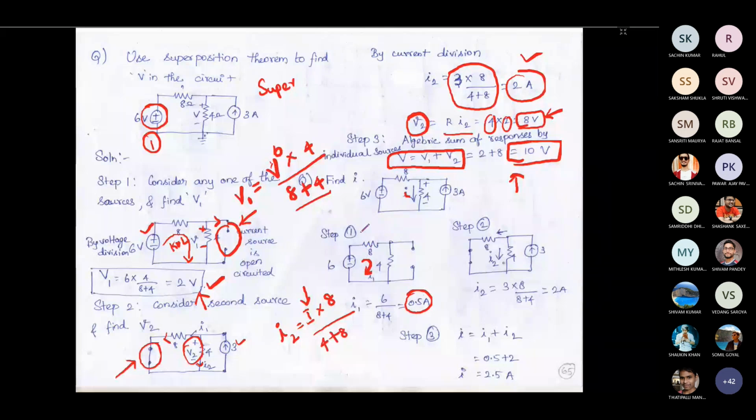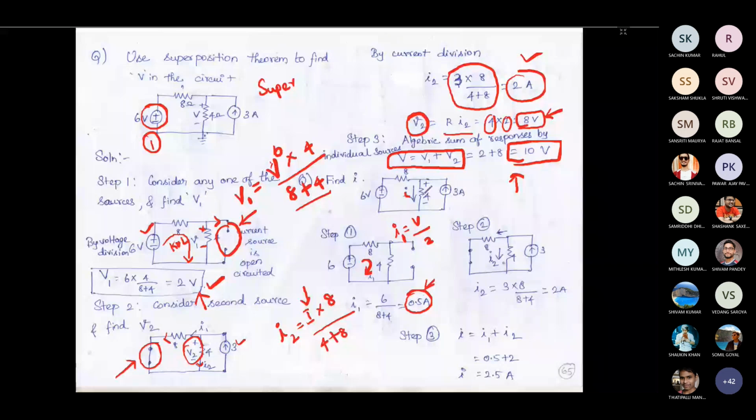You can directly find it also, I is equal to V divided by R. So V is 6 volt, and the total resistance is 8 plus 4, so you will be getting 12 ohm. So here we can find the current contribution of the 6 volt source, and that is coming as 0.5 ampere.